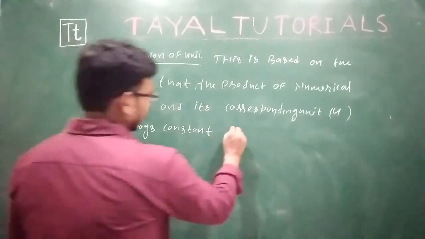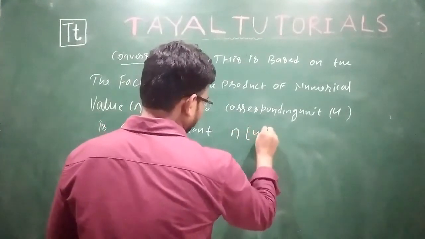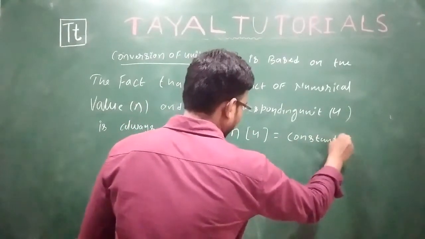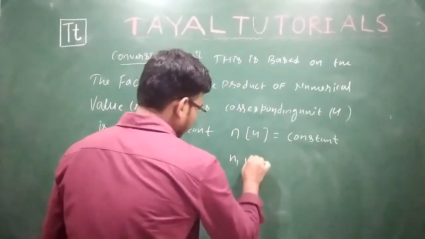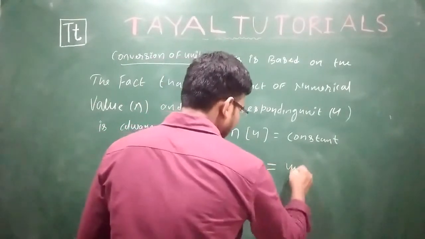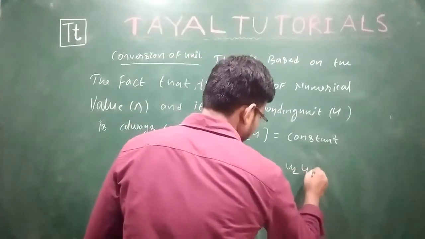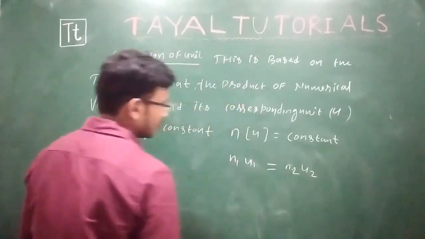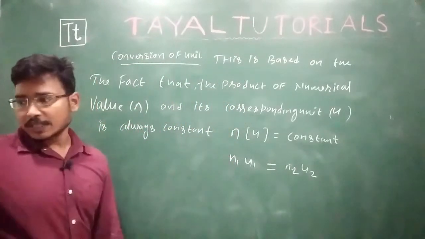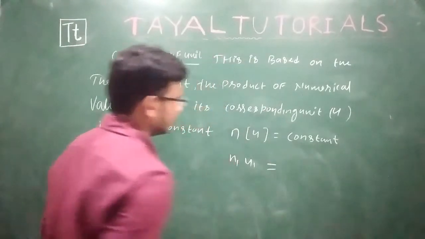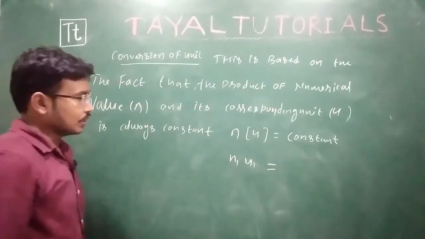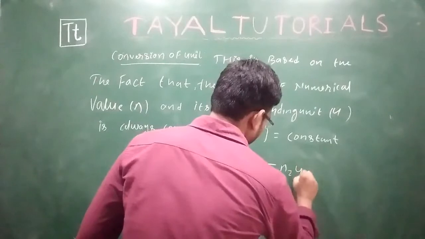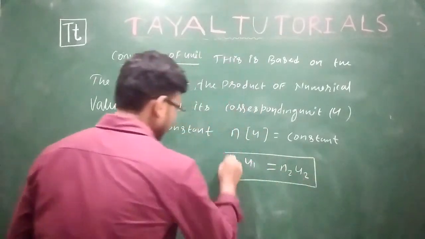That is, n into u is equal to constant. That is, n1 u1 is equal to n2 u2. Better to write in that format. So this is our requirement.